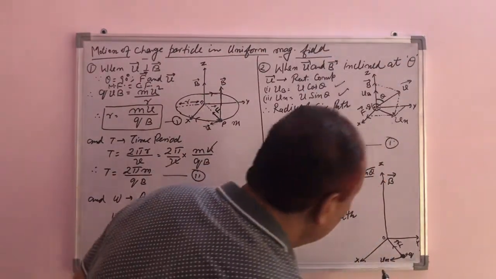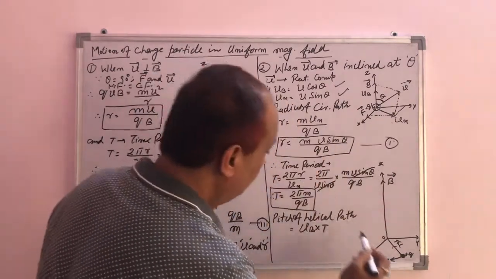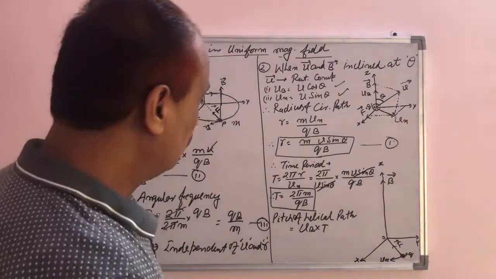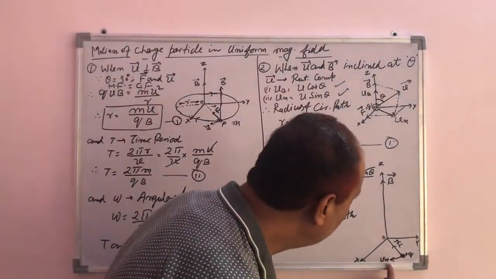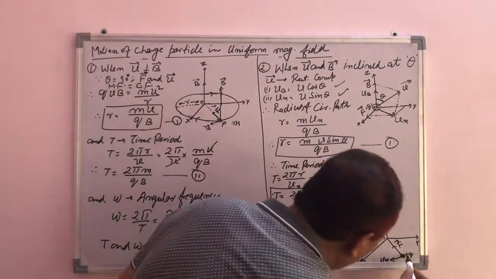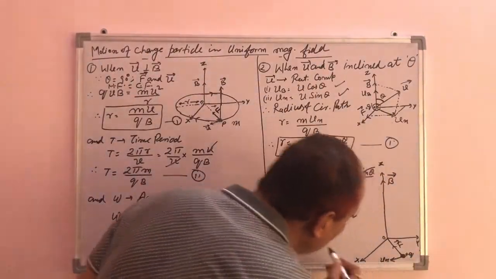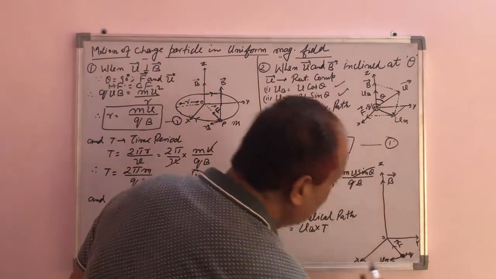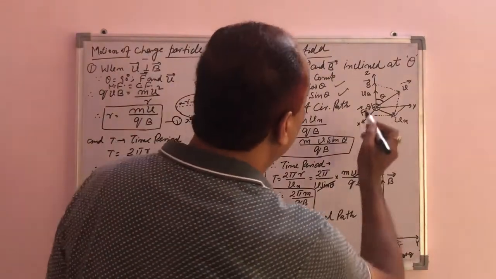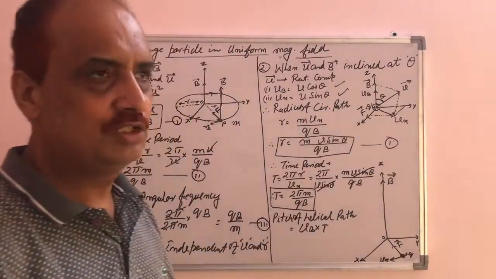So when the particle, plus q particle, is moving in the circular path of radius mv sin theta upon qB, in this circular path this Vn component is acting in clockwise direction, when the charged particle is moving in clockwise direction, so it is a tangent line, so it gives the motion to the charged particle, means the Vn component gives the circular motion to the charged particle, and the another component Vb, which is acting in the direction of the magnetic field, it gives the vertical motion of the charged particle.